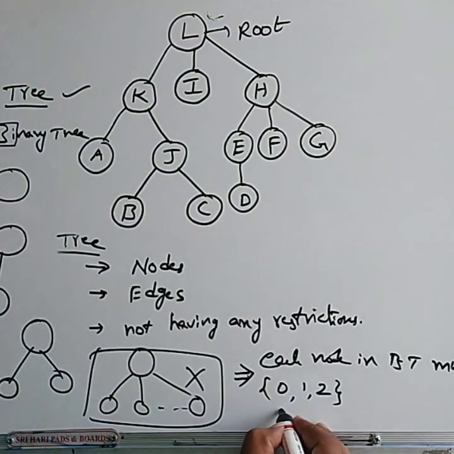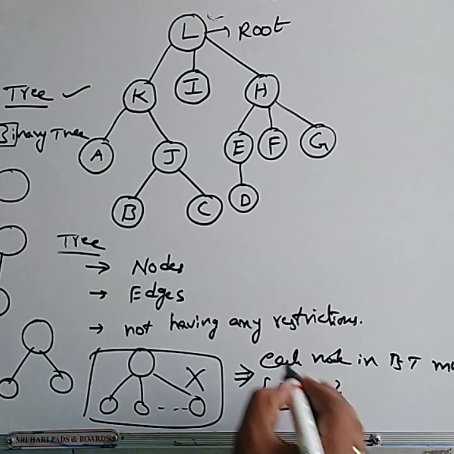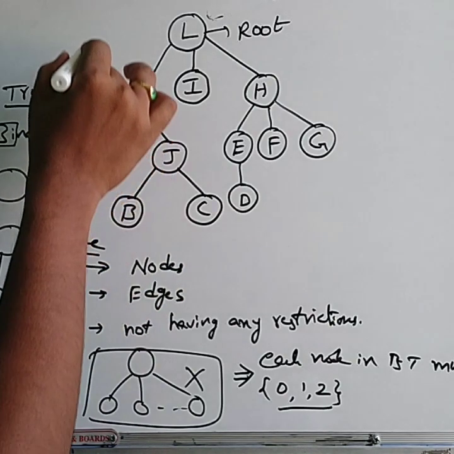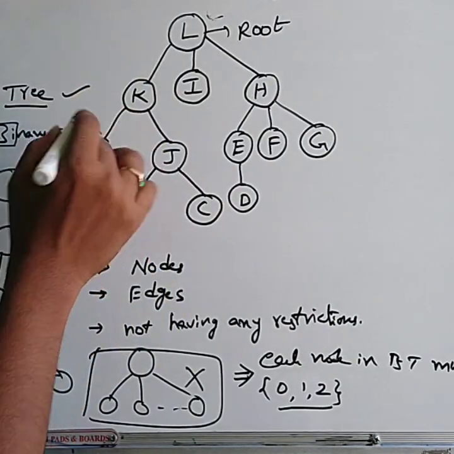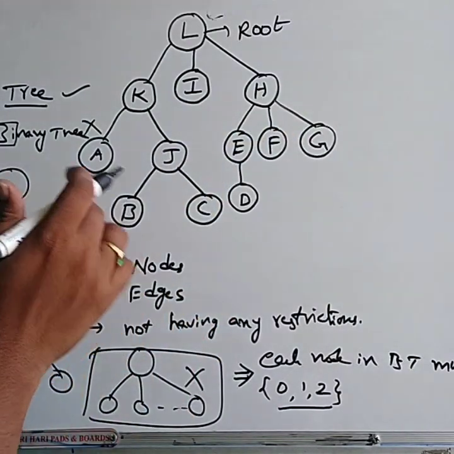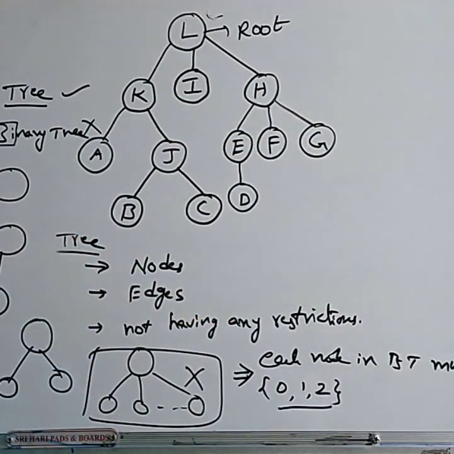If the nodes fulfill this property, then that tree is called a binary tree. I hope it is clear. From this figure, this is only a tree, not a binary tree, because this node has 3 children.